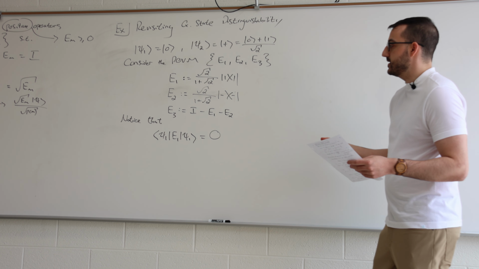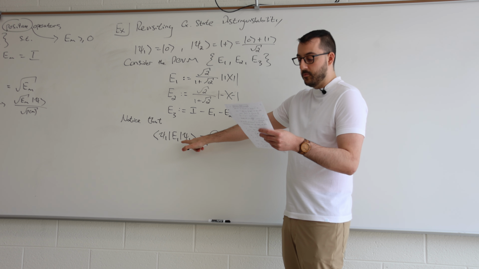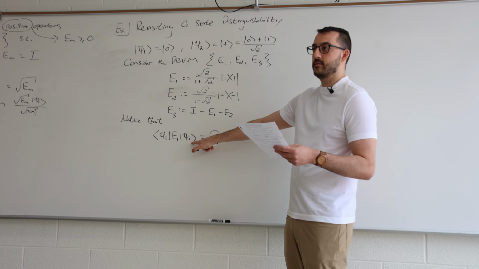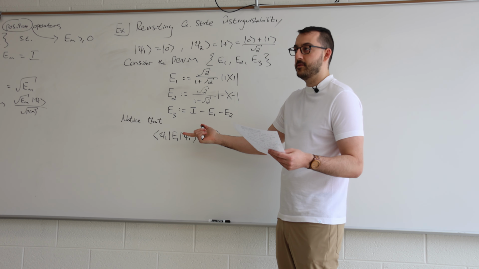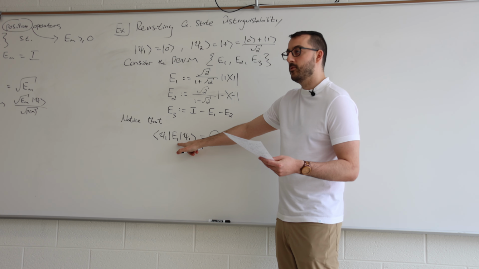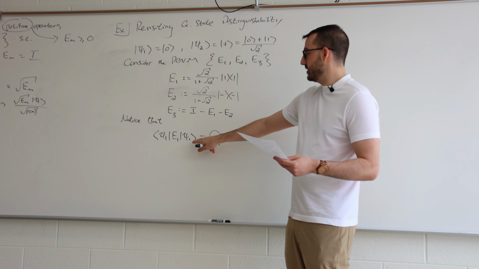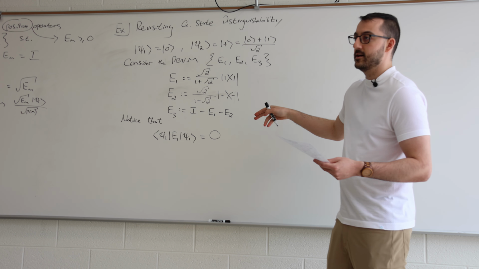So in this case, if E1, outcome 1, is ever measured, it never could have been psi1. Do you agree? That's what this is saying. In other words, the state must have been psi2. Outcome 1 has no probability of being measured in the state psi1. Therefore, if E1 is measured, the state must have been psi2.